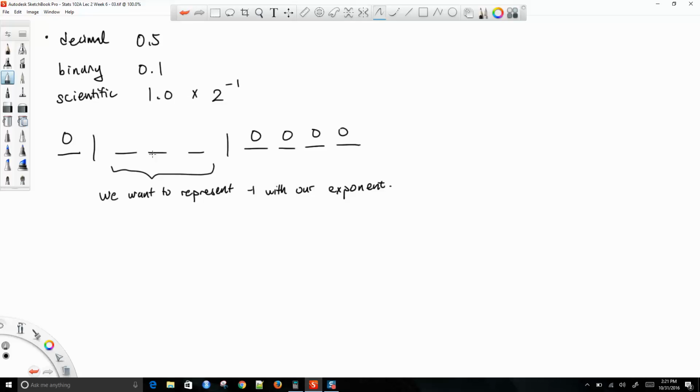And so to do this, we're going to use what we call a biased scheme to represent integers, okay? So we have 3 bits for the exponent. Okay, so how many values can you represent with 3 bits?